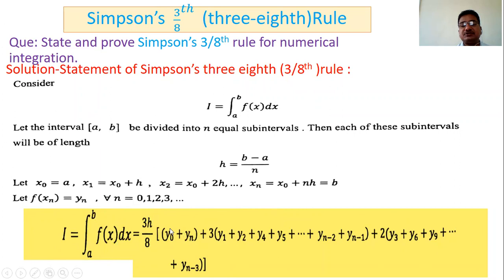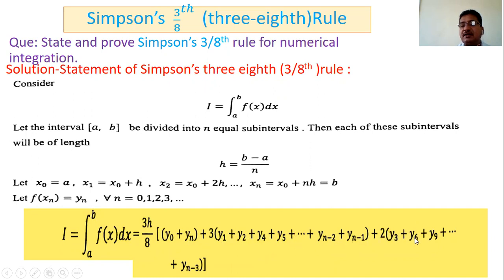First value plus last value, y0 plus yn, plus 3 times y1, y2, y4, y5, yn minus 2, yn minus 1. If you observe the suffixes, 1, 2, there is no 3, so y3 is missing here. Then 4, 5, there is no term y6.